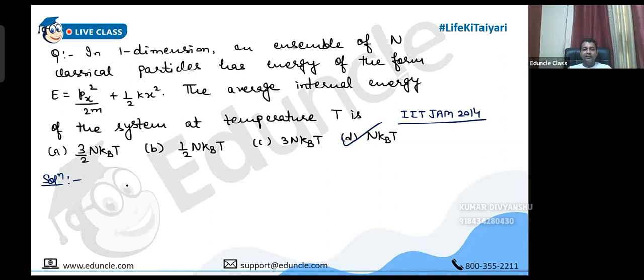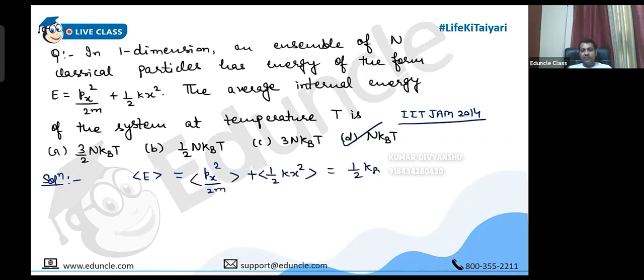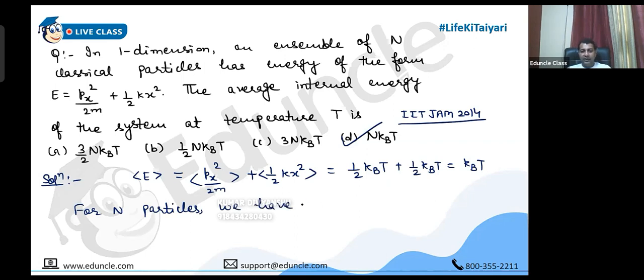So let us calculate for one particle. This is also a way to represent the average, by putting the variable in this sort of bracket. And what is the average? Half kT plus half kT, that is kT, according to the equipartition theorem. So for n particles, we have n kT.